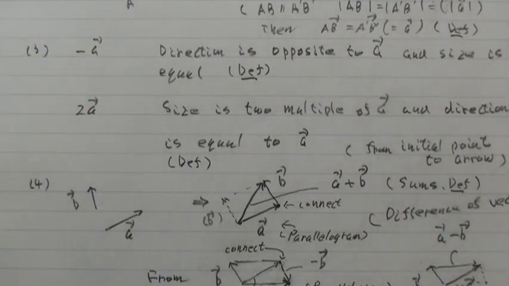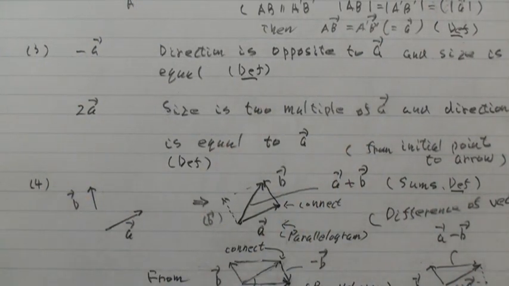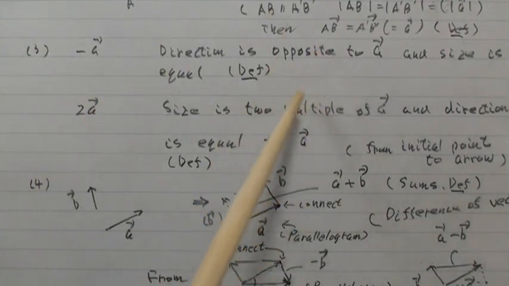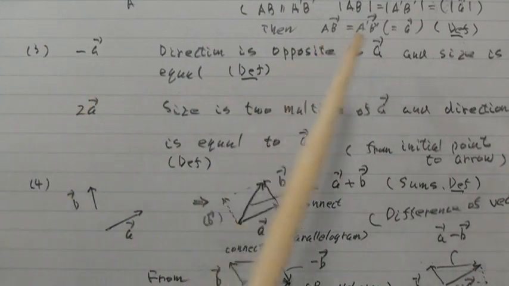And 2 multiple a vector. The size is 2 multiple of a vector and the direction is equal to a vector. The size is 2 multiple, then 2a vector expression.